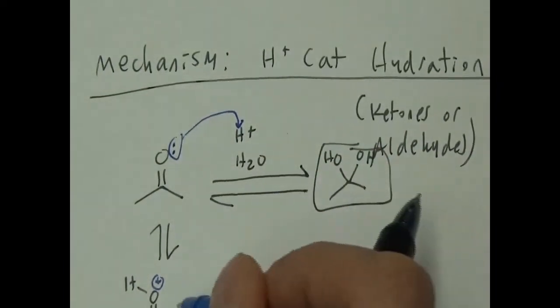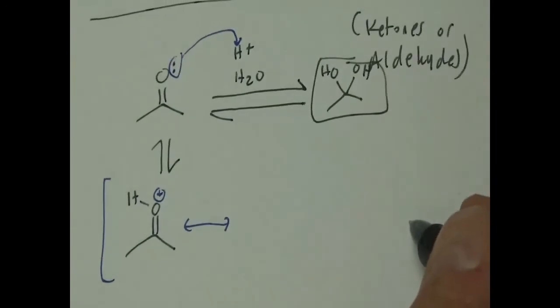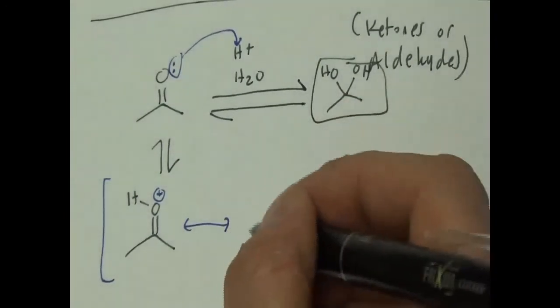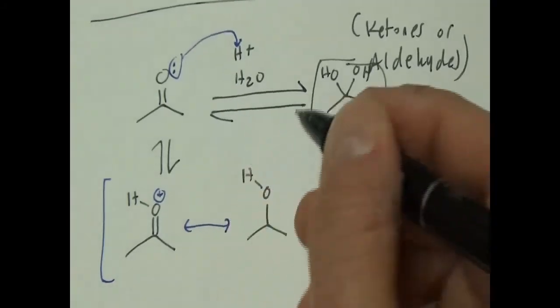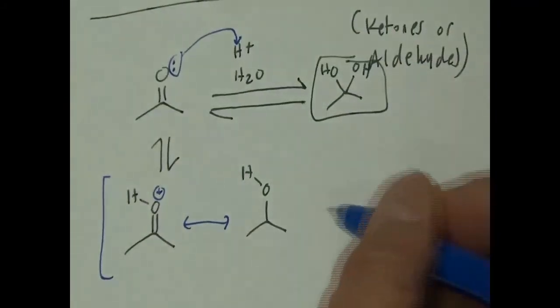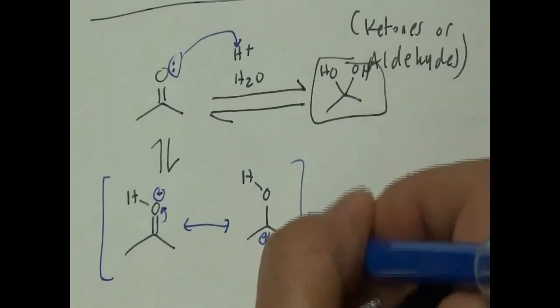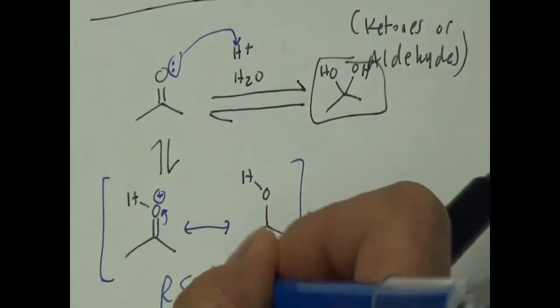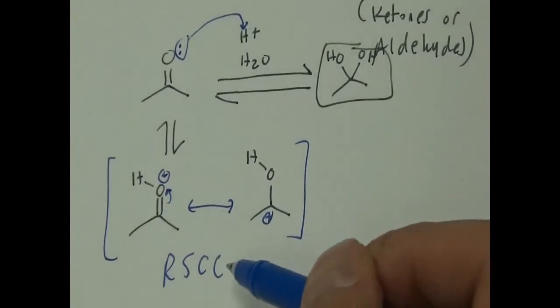And what's this thing? We gave it a name, an acronym. RSCC, right? Where's the plus charge now? It's right there. RSCC, resonance stabilized carbocation. And these are always electrophilic. They like to be attacked.